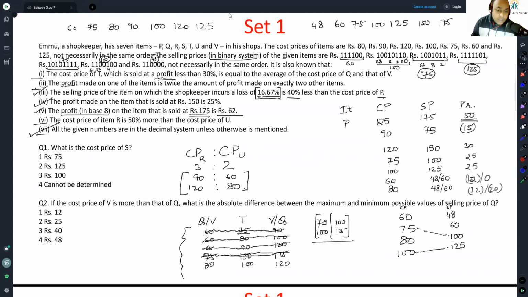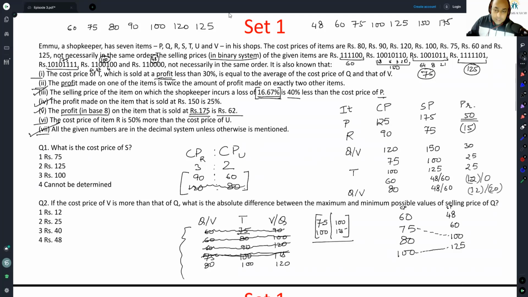The only possible case left for us to check is this one. So T has to necessarily be priced at 100, and Q and V can either go here or here. Also, if 120 is definitely getting paired up with Q and V, can I say for R and U, we've identified the only possible case left for them?